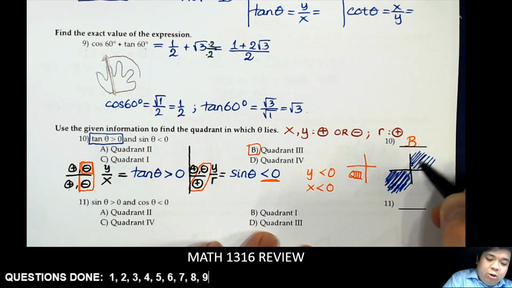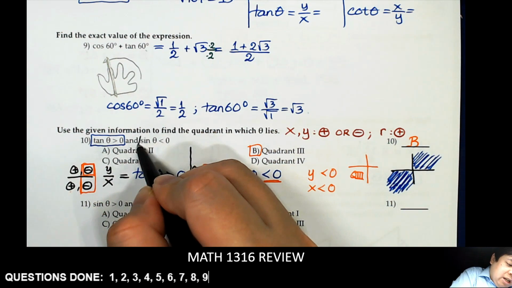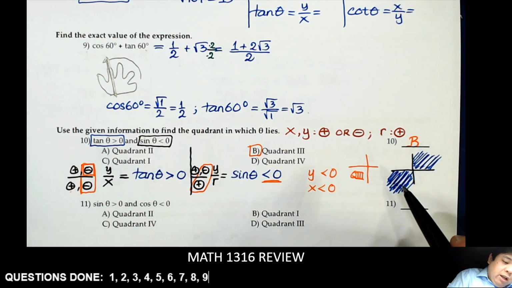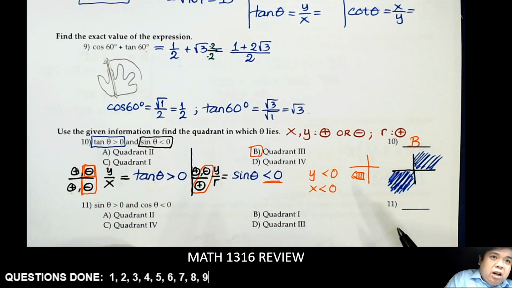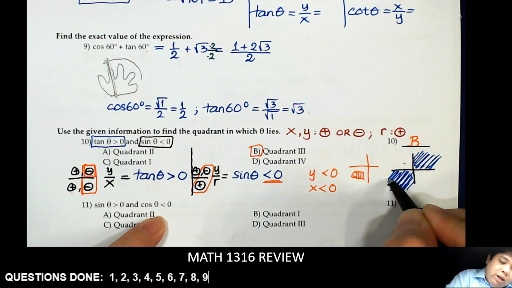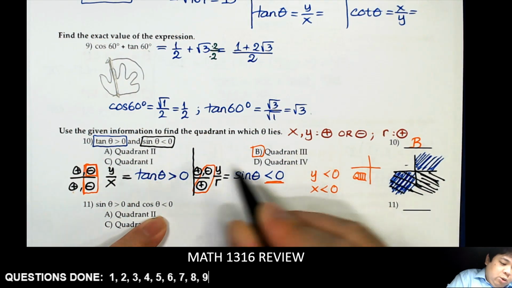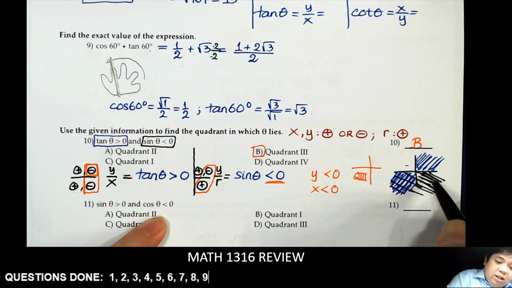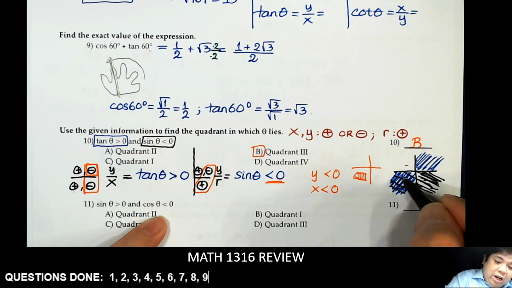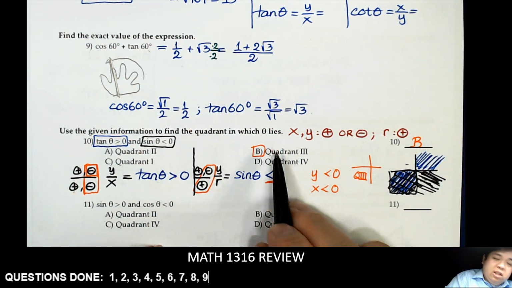So we have 1 or 3. Next, sine is negative. Sine is positive in the first two quadrants, so it is only negative in quadrants 3 and 4. So sine is negative in these two quadrants, and the overlap is here. So that's why it is in quadrant 3.